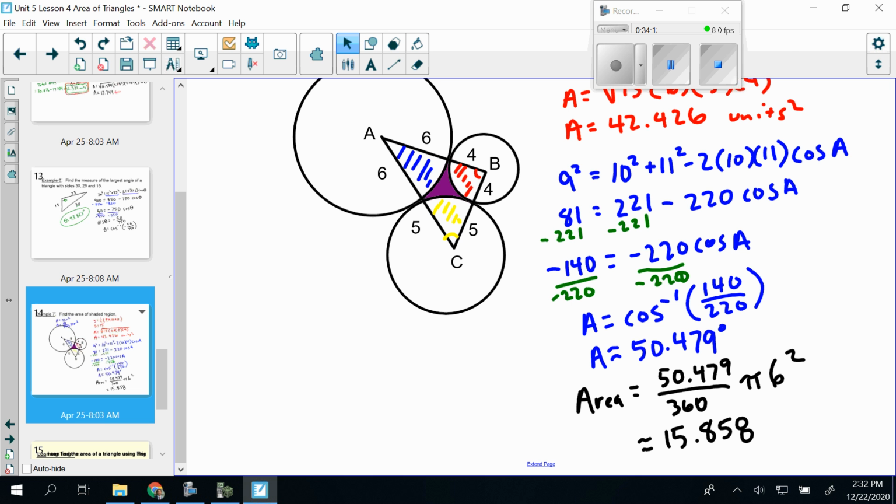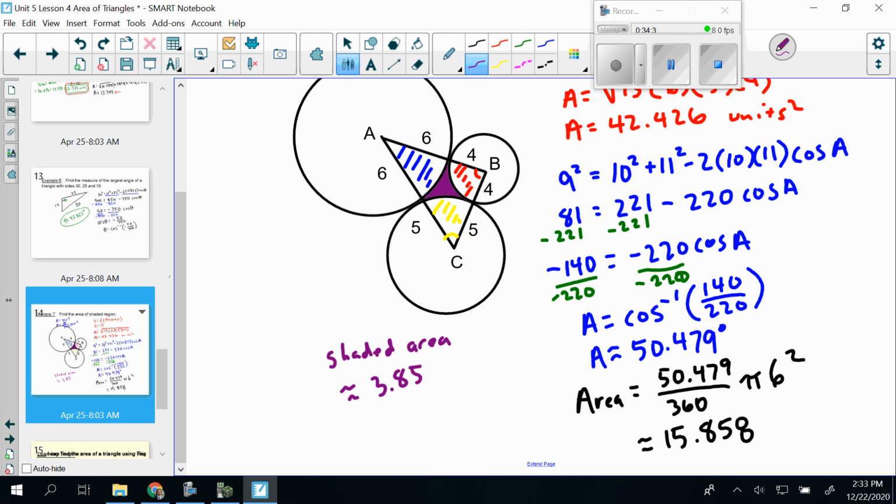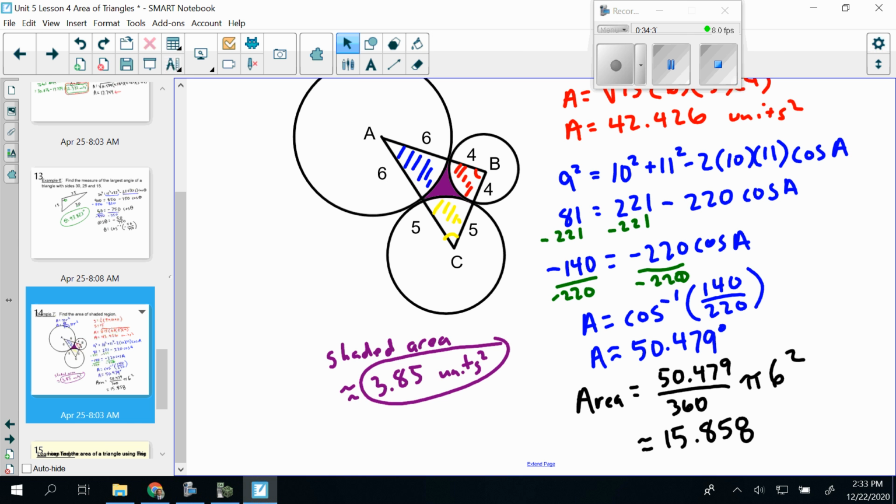If you want to try the rest on your own, you should get, if you do it right, that our shaded area in purple comes out to be approximately 3.85. But you should have the idea of how to do it now. All right, try some of those now on your own.